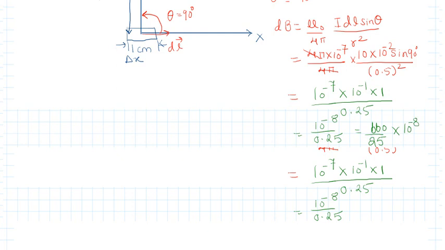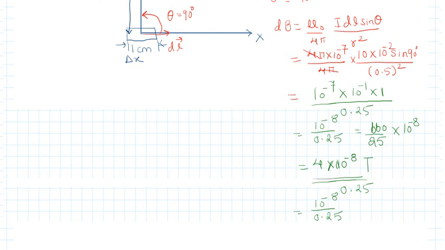So what is the answer? 4 times 10 to the power negative 8, right? Yeah. So 4 into 10 to the power negative 8 Tesla is the magnetic field because of this current element. Right? That's your answer for this.